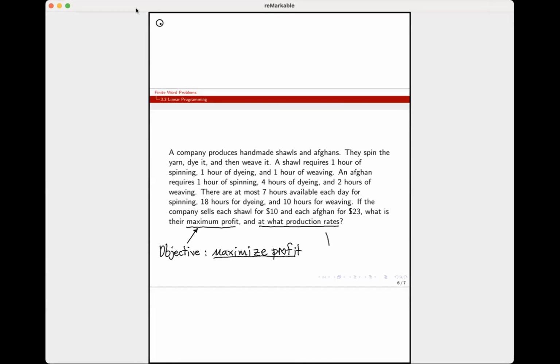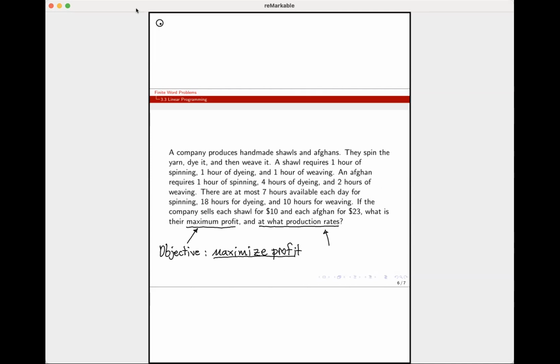And so the variables, you get a clue right here, what those should be. They are the number of hours. So production rates, we're looking for the, I'm sorry, not the number of hours, the number of shawls and afghans will be our variables. So I'm not sure what they mean by production rates. Well, I guess we'll get there when we get there.